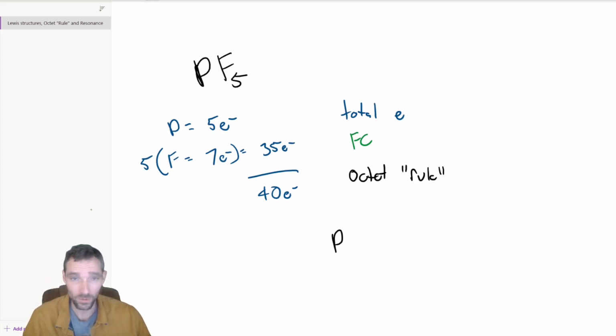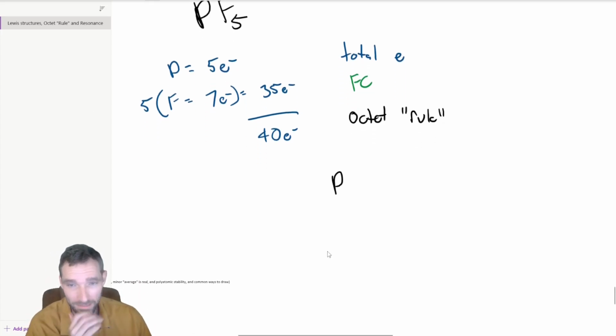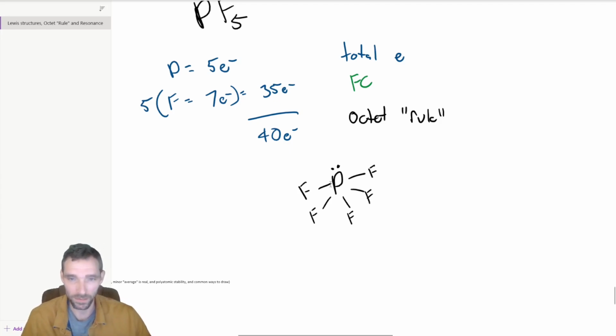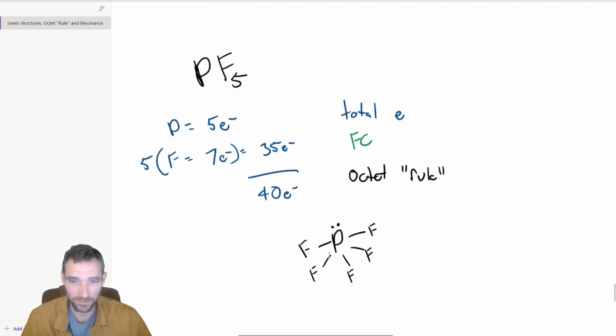Now, you might try and do something similar to last time. You were to do like a lone pair here, and then you've got 5, 1, 2, 3, 4, 5. But those of you who are more quick will realize that I've got 2 more bonds, and that takes 2 electrons from here.